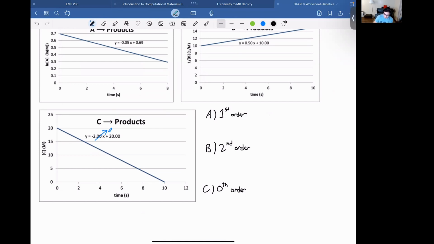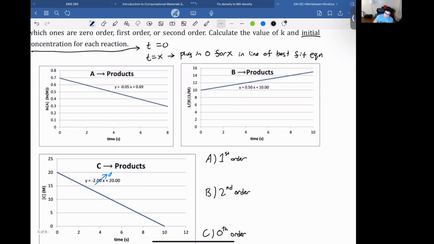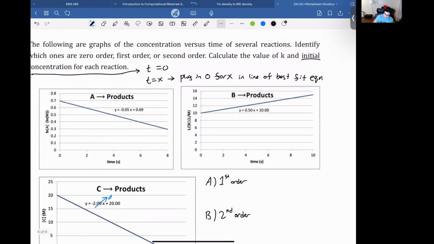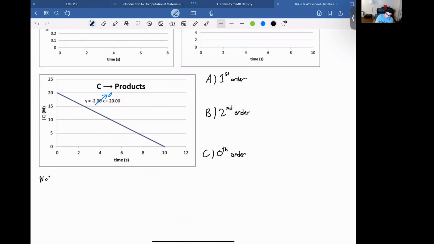Now, I do want to note here, so please note this, the Y values are equal to the axis titling.